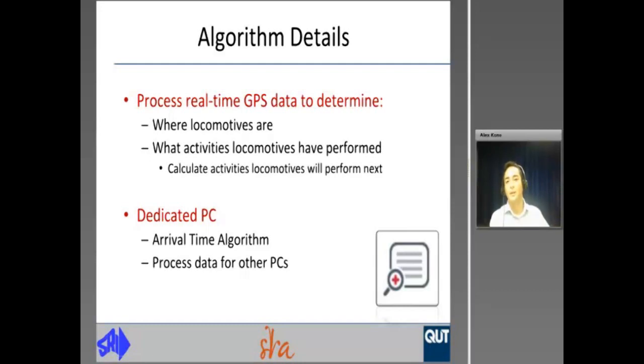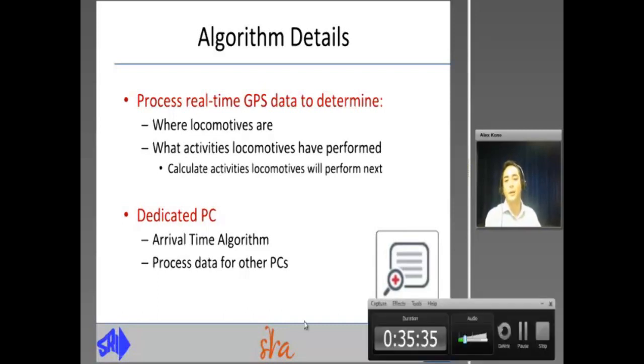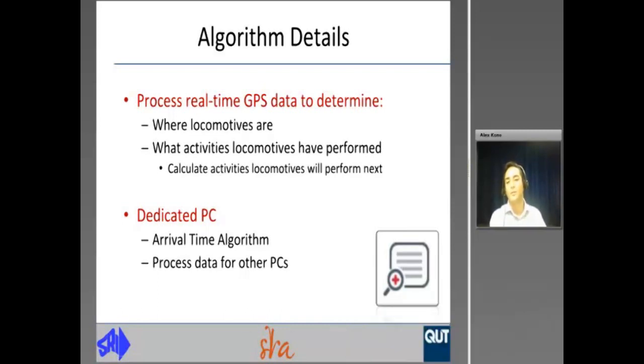Also, depending on the complexity of the schedule, the arrival time algorithm may slow down other processes in Tilt Tools. So we added a feature where users can set up one PC exclusively to run the arrival time algorithm. This PC would run and process data for the other PCs.